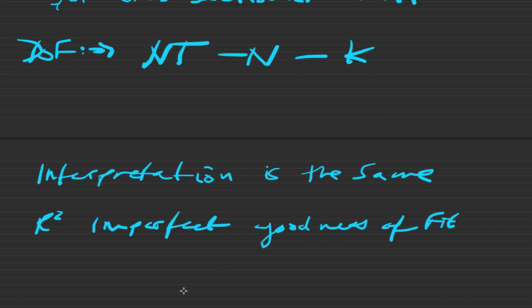This represents the amount of time variation in yit that is explained by the time variation in the explanatory variables. So it's imperfect. We can use it for now, and we may think about some other goodness of fit measures later.